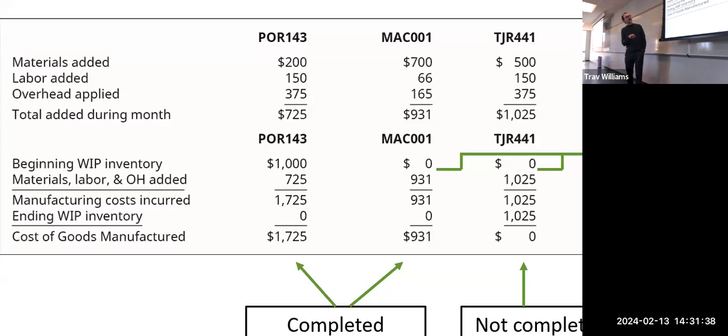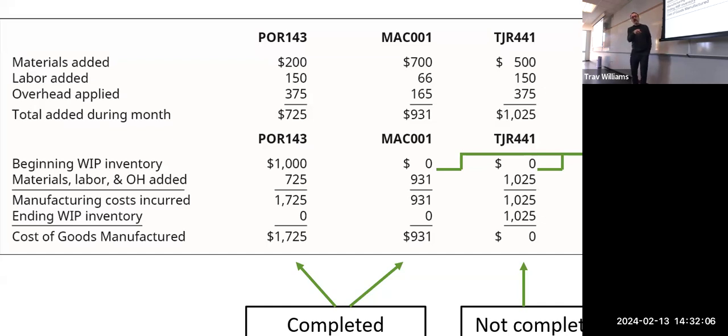Let's look at another job for comparison. Again, we see the different production costs. There were $725 of production costs added during this period. But in this case, they were already working on this job in the last period. So in the last period, there were $1,000 of work in process costs.